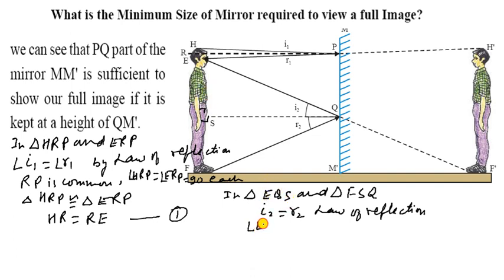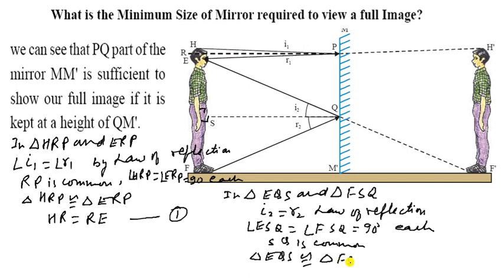Also this angle ESQ is equal to angle FSQ, 90 degrees each. Now the two are equal, and SQ is common. So the triangles are congruent: triangle EQS is congruent to triangle FSQ.